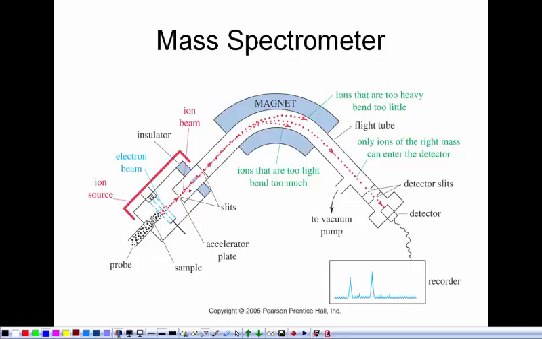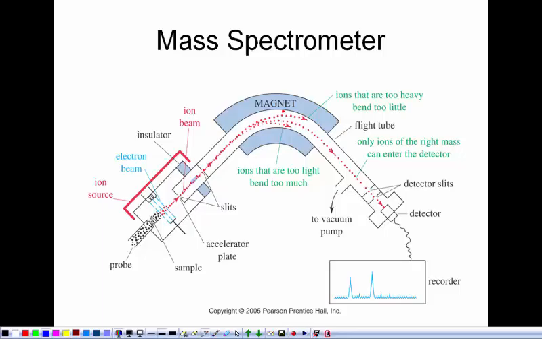Once they move into the system, then they come into a magnetic field. Now, the basic physics is anything with a charge that moves has a magnetic field, and therefore can be moved by a magnetic field. So if you have radical cations moving, you can take a magnetic field and you can make them move. You can make them turn corners, you can make them smash into the sides of things.